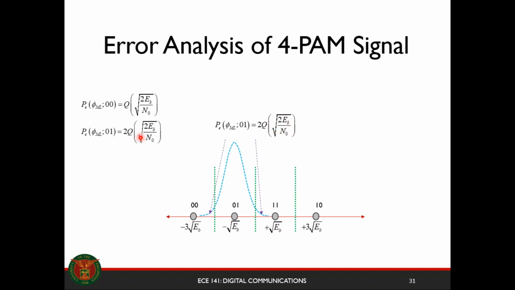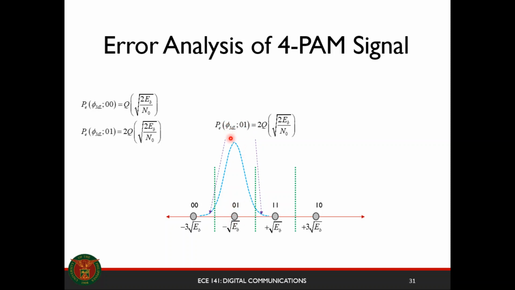If 0, 1 is transmitted, you have two boundaries that surround this symbol. Therefore, you expect two terms that will add together to form the probability of error when you transmit 0, 1.